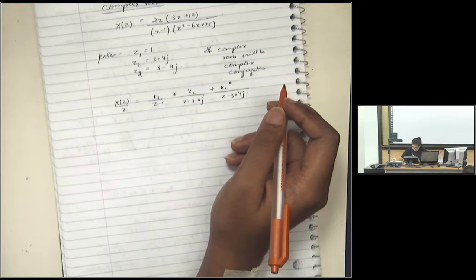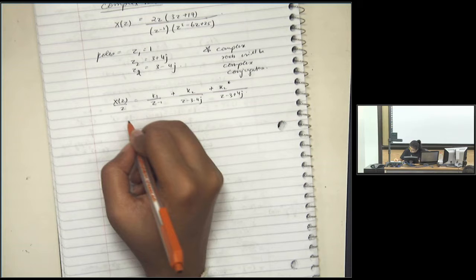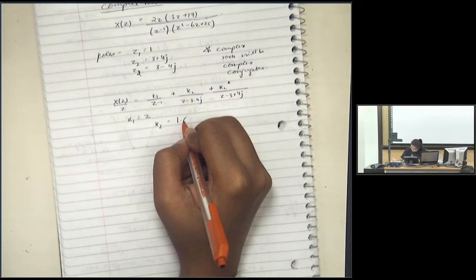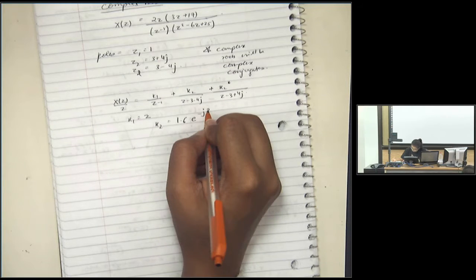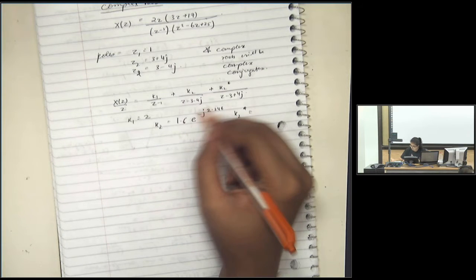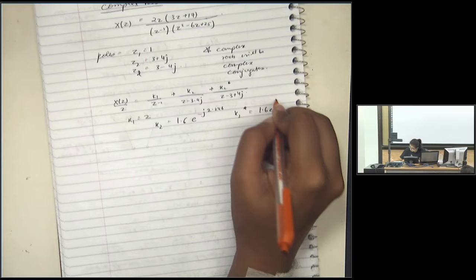All right. Now, again, using a standard method, k1 will come out to be 2, k2 will come out to be 1.6 e raised to the power minus j 2.246, and k2 conjugate, you'll just calculate from this term. You don't have to actually substitute the value. J 2.246.